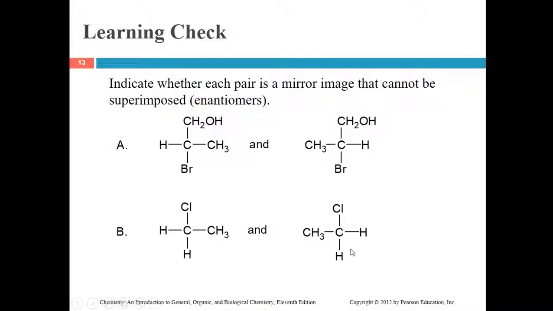It has to be chiral in order to have a mirror image that can't be superimposed. Otherwise, when you try to put them on there, you'll see that they're exactly the same molecule. So if I said something wrong there, oh well.